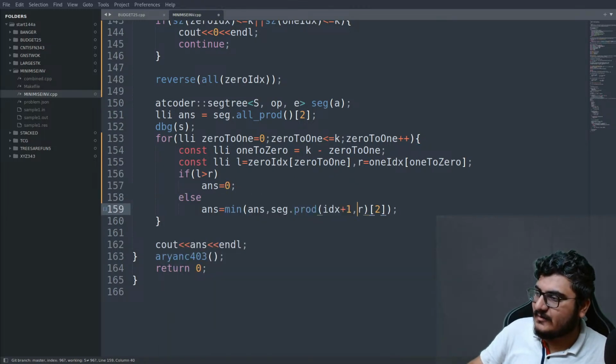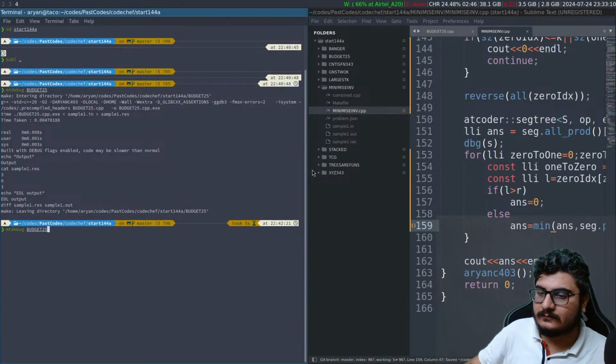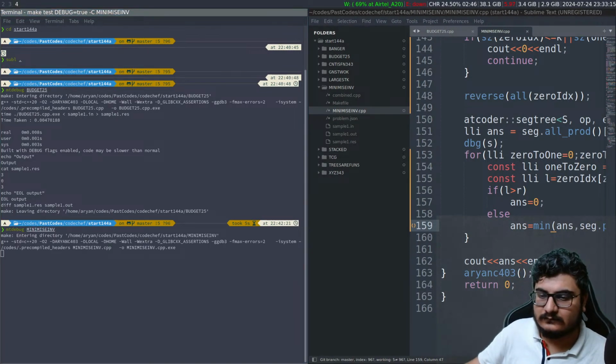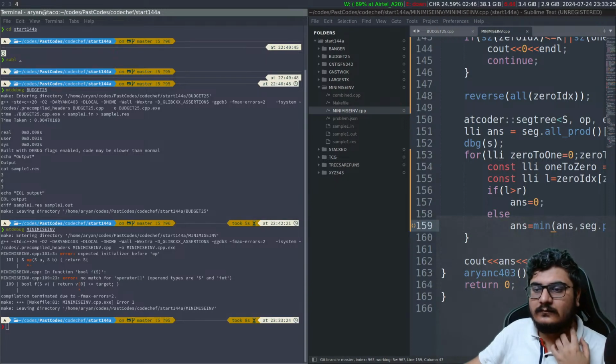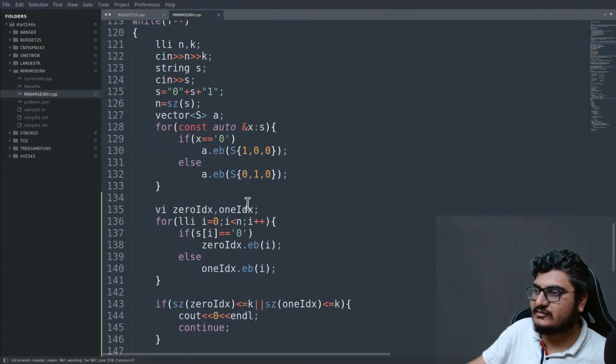Else we can take the minimum answer from L to R. L plus 1 to R, we should not include this. And this would be the solution, my solution for this problem.